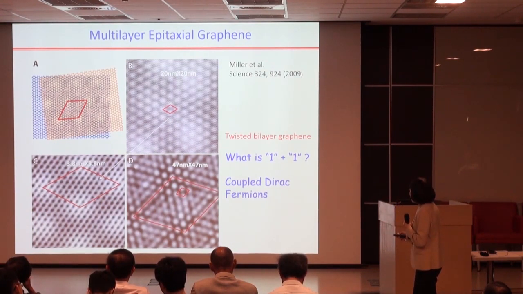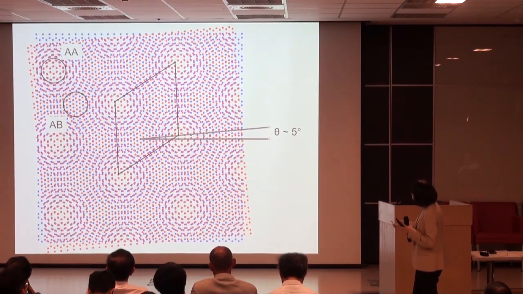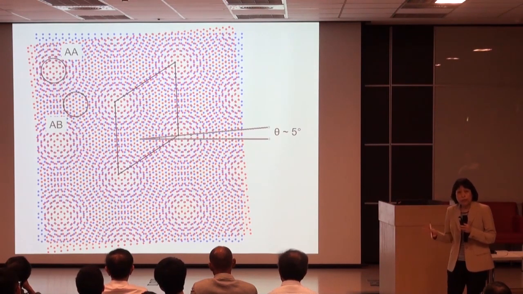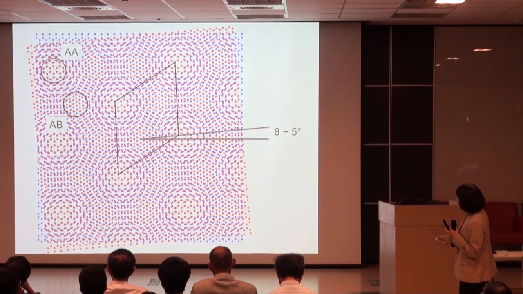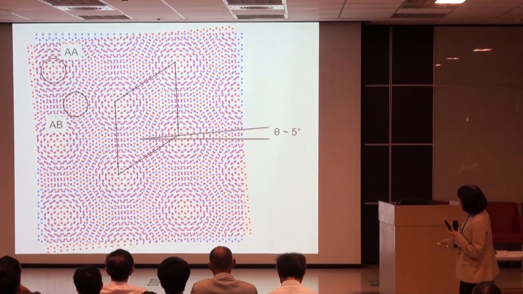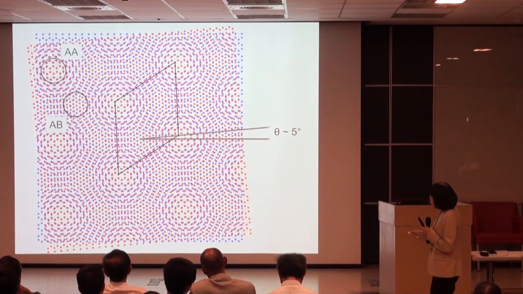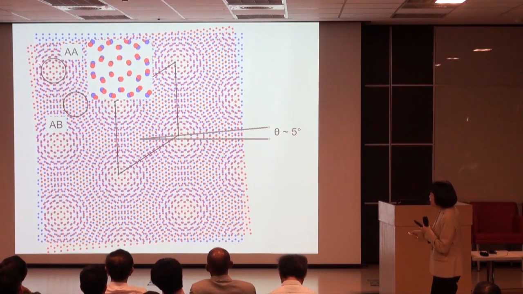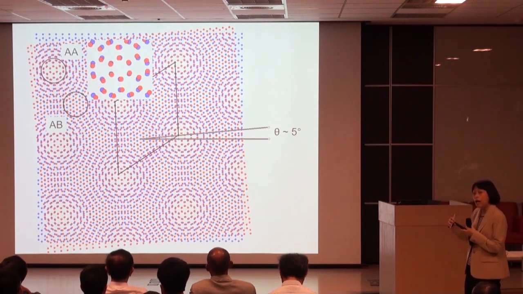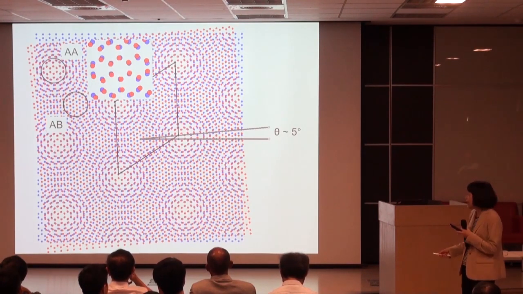Okay? All right, so if I look at this, this is a picture with about 5-degree rotation, and we zoom in on those moire patterns. Looking from a distance, you see that just because of the local arrangements of the atoms of those two layers, you're going to see some kind of moire pattern, some kind of periodicity. If we zoom in, there are areas we call the AA region, because if you enlarge that, you will see that the top layer's atoms are right on top of the bottom layer's.